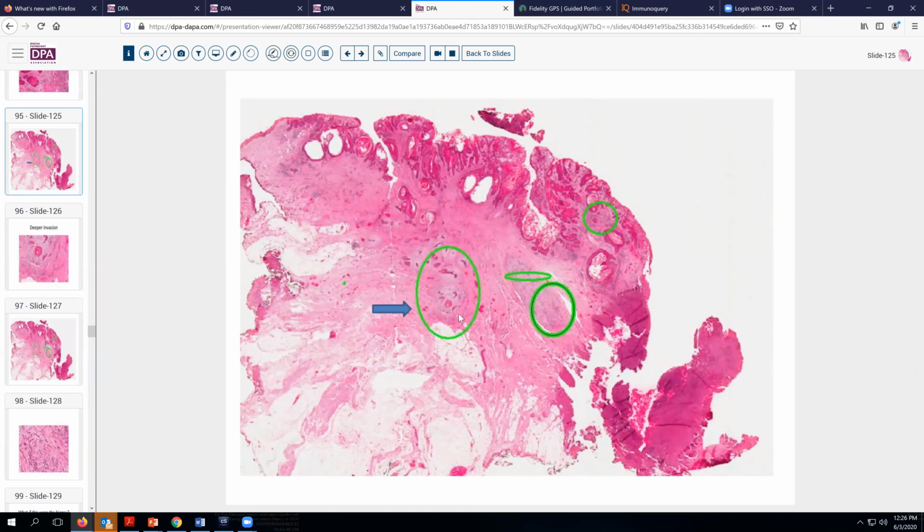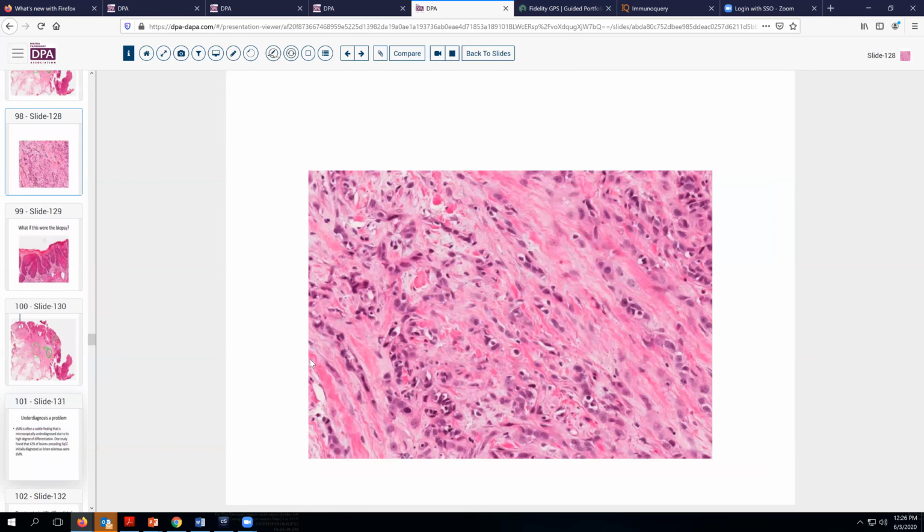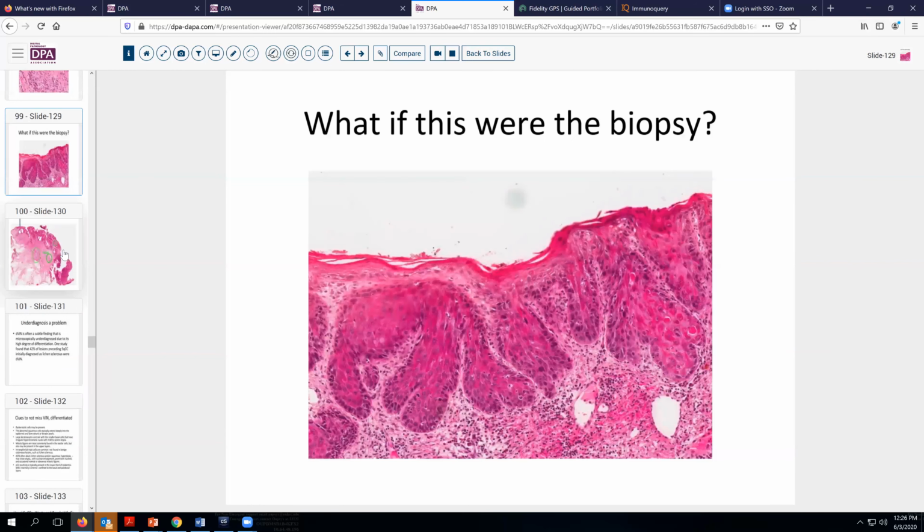Let's look at this area that we highlighted. And if we look here, we can see some areas that look a little bit like that vascular atypia pattern. But you have to be aware of lesions like this, because if you just had this as your superficial biopsy, and they didn't get down to that level, it could be really disconcerting.